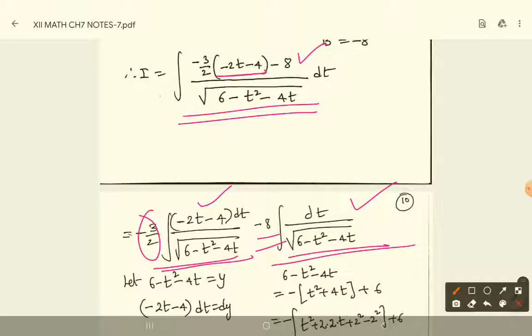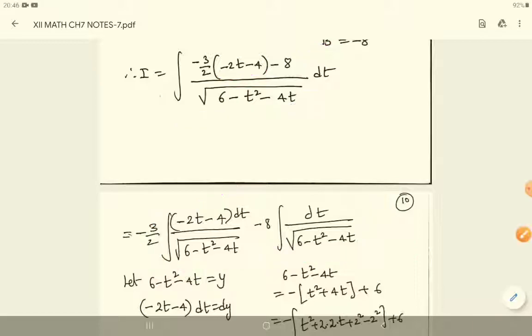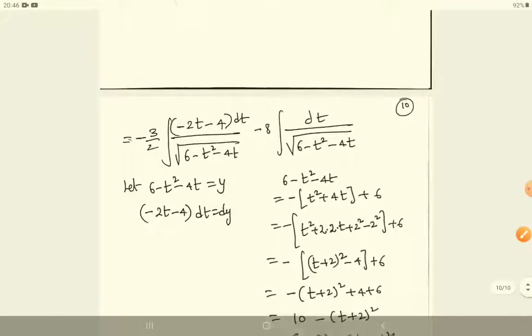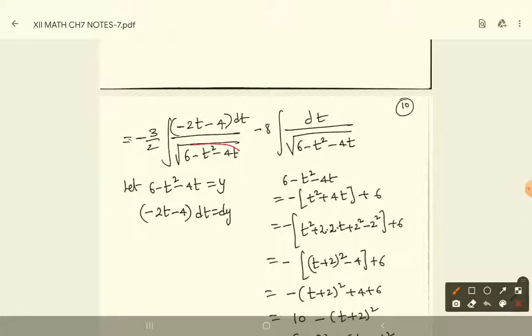Now again two integrals have come, so both of them must be integrated. For the first part, take the denominator, 6 minus t square minus 4t, as y, since t is already used. So the derivative, minus 2t minus 4 dt, is equal to dy, and here the denominator must be completed into a square.